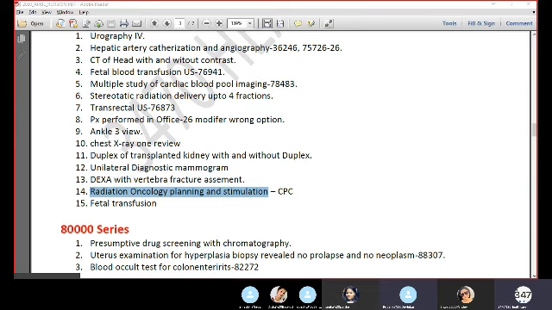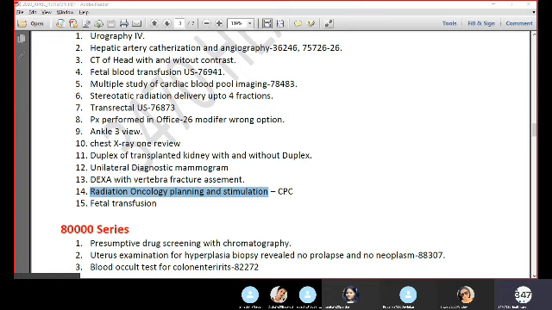Two codes you have to give, not only a single code. 77262 is for the radiation treatment planning, and the simulation code is 77285.